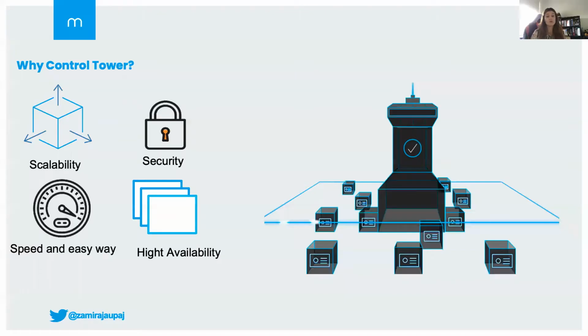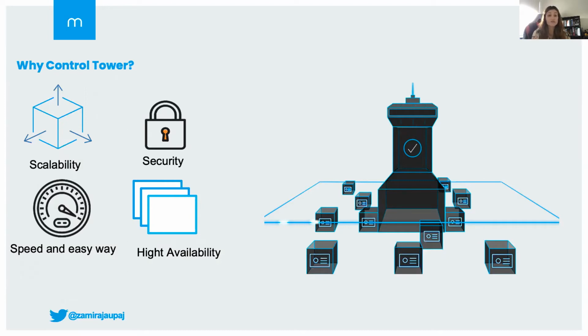There are four important keys to remember about the Control Tower solution: scalability, security, speed, and high availability. The first one, scalability. The solution is fully scalable. You can request as many accounts as you want, as many services as you want. You can extend the solution based on your needs and requirements.